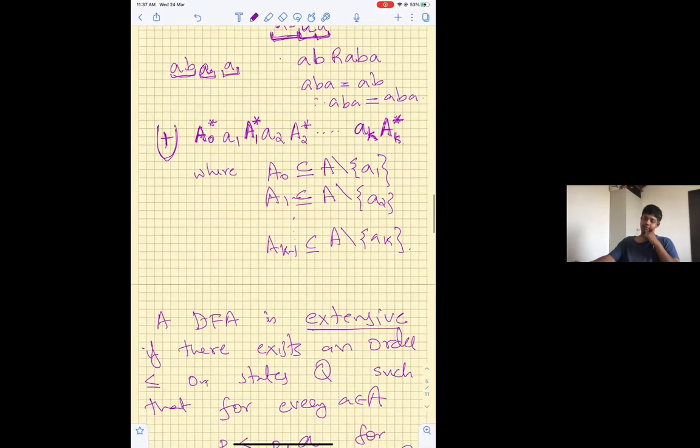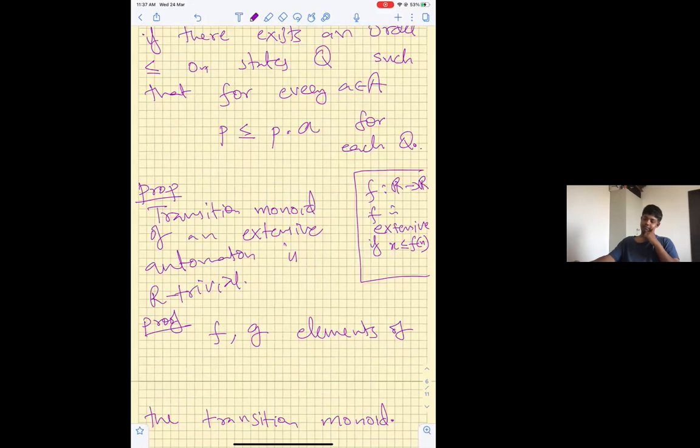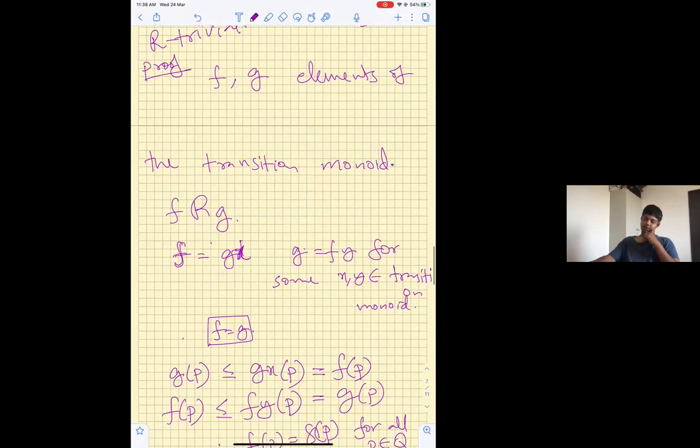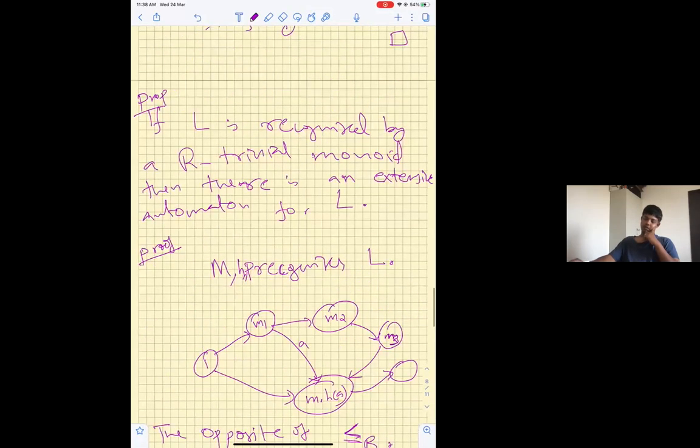transition monoid of an NFA, it's complicated to build the transition monoid of an NFA. So all these places it has to be deterministic, and this is also deterministic.